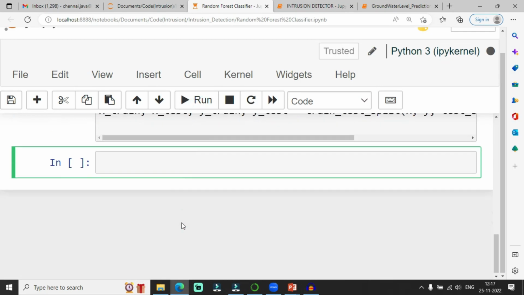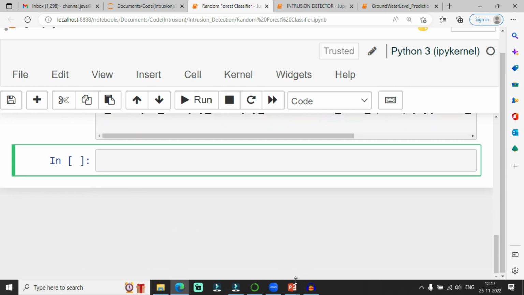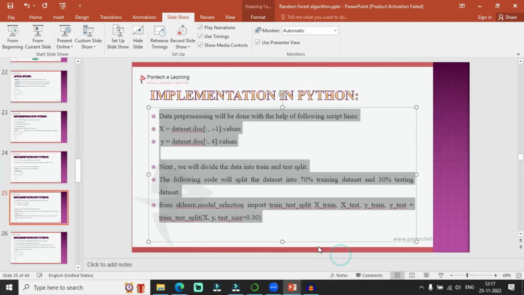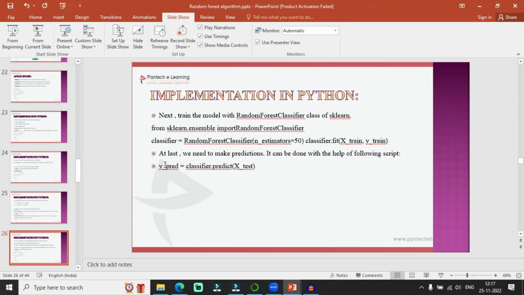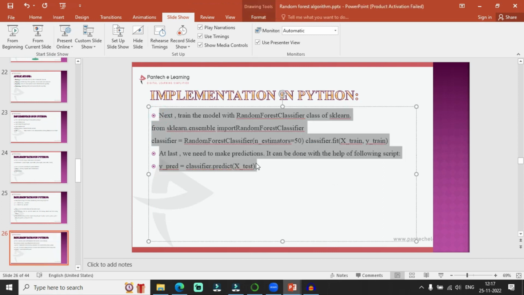After that, I am going for different types of classifiers.